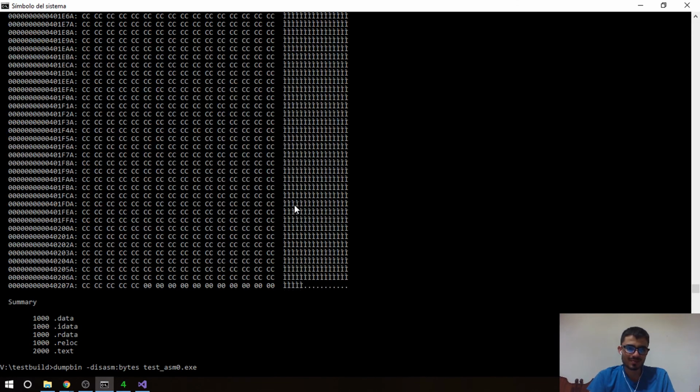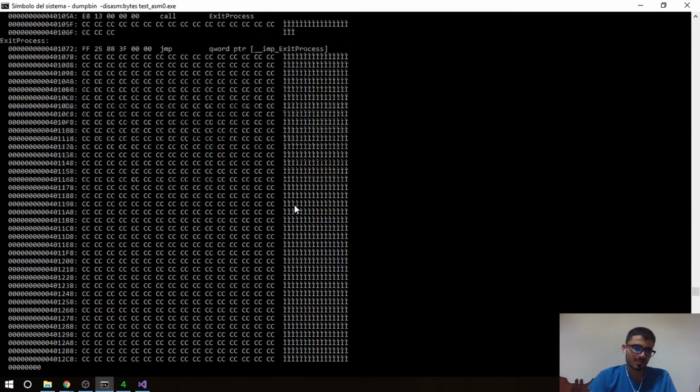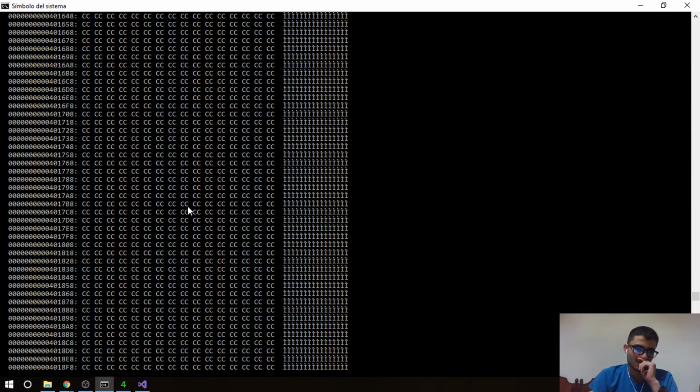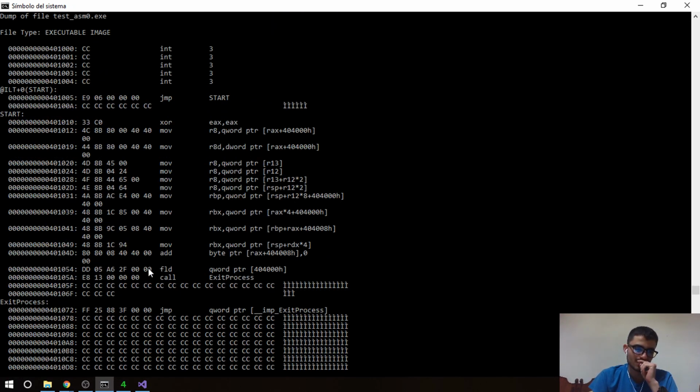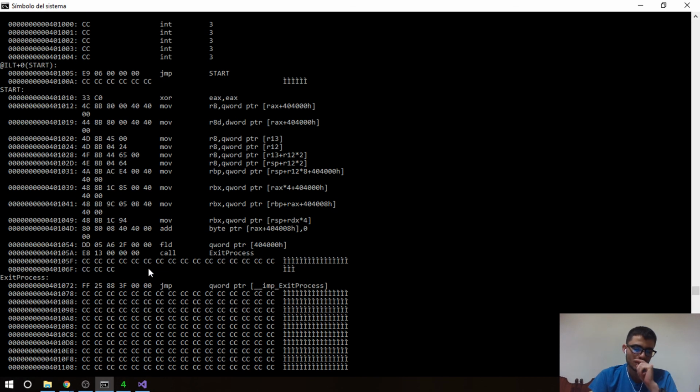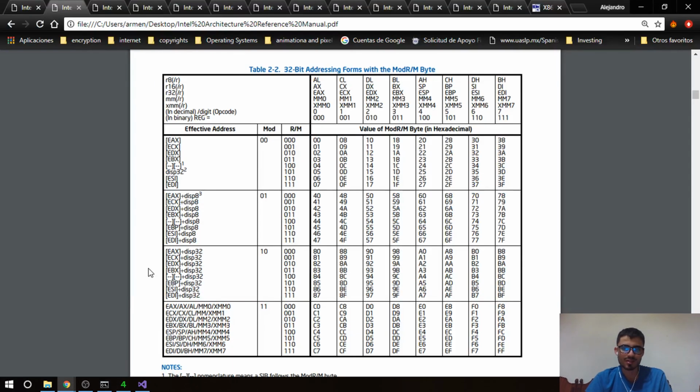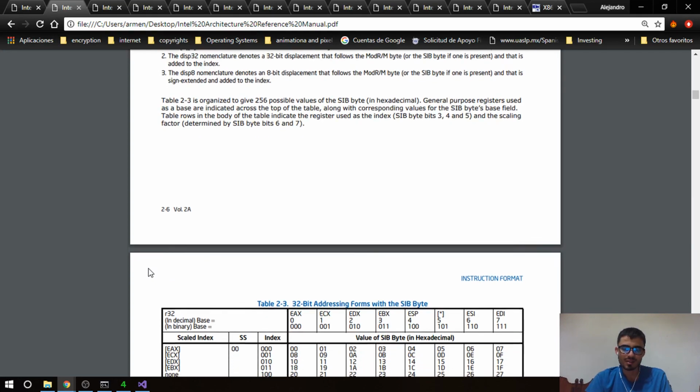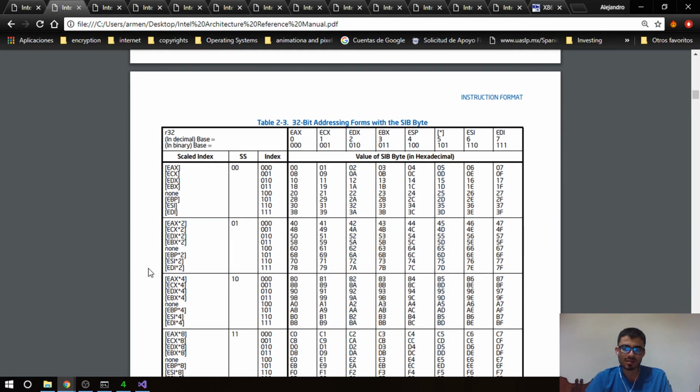Let's see. This is going to be 48. Hold on a second. Are we doing the right thing here? No, it has to be RBP. RSP is possible as the base, but RBP is not going to be.